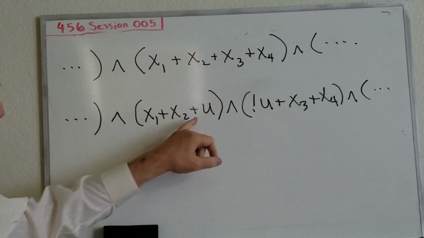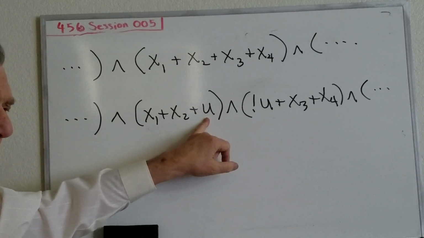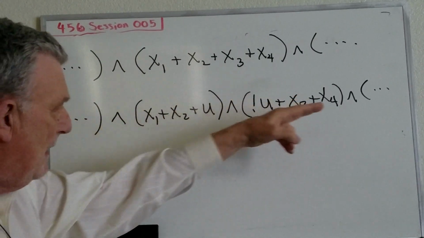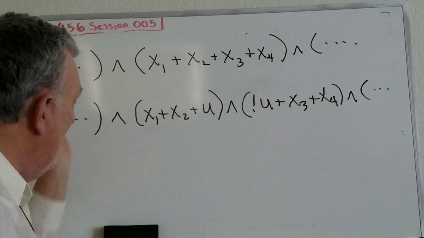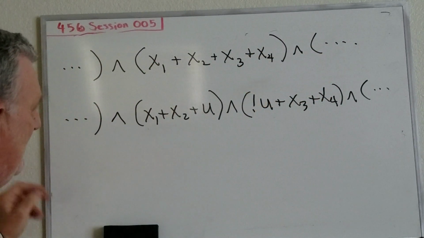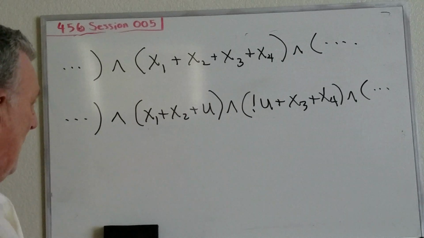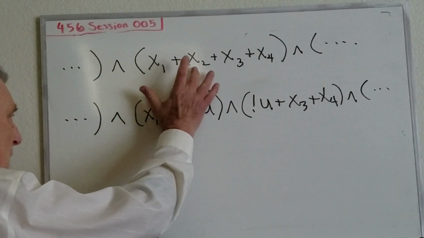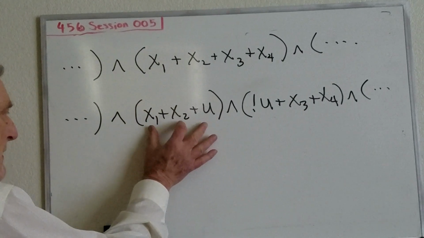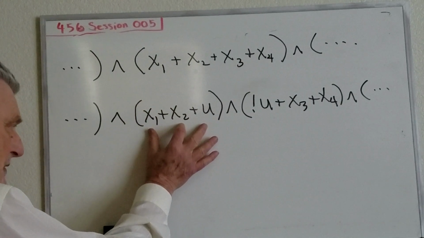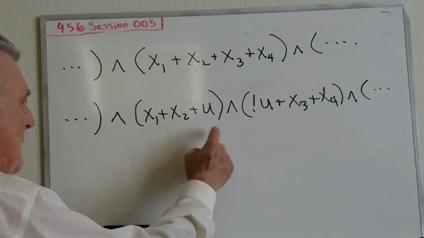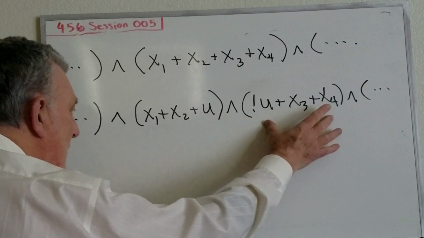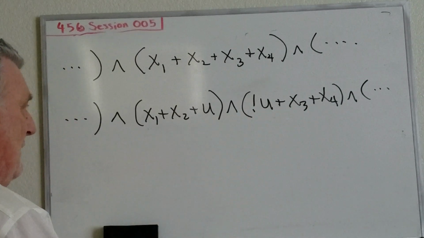Now what we do is we introduce a new variable, u, and it's required that u not be used in any other part of the expression to the right or to the left. And the x1 and x2 are the same. So if our assignment gives the value true to either x1 or x2, then this clause is assigned to be true, but then we assign u to be false, and then our second clause here is true.